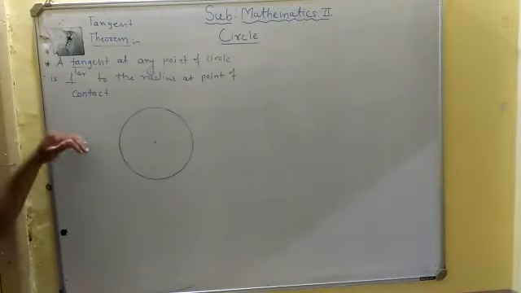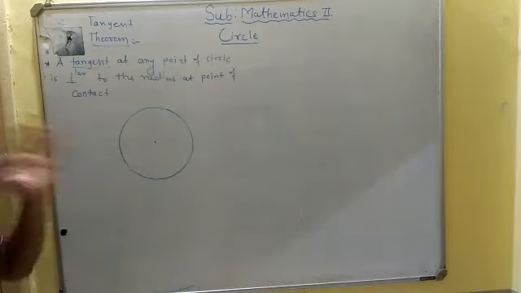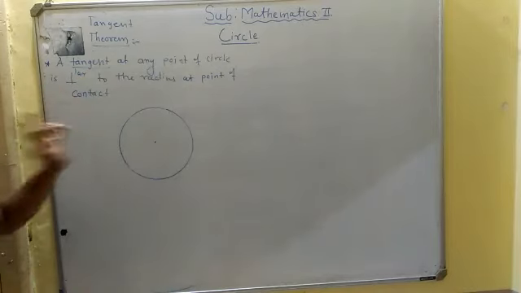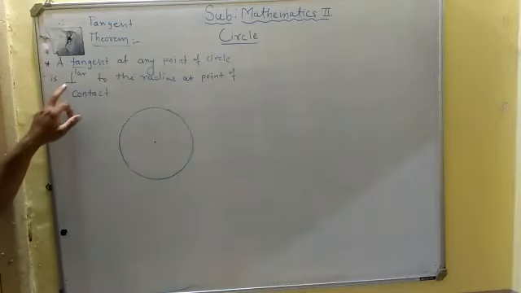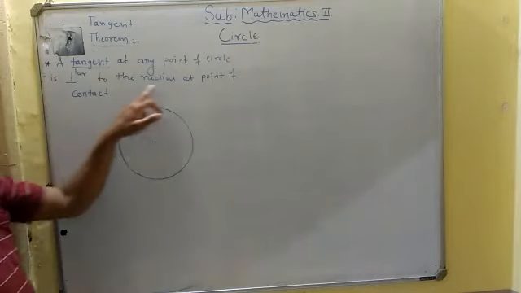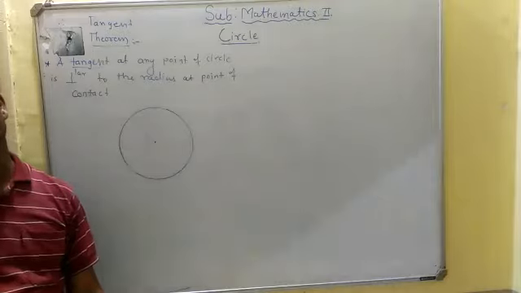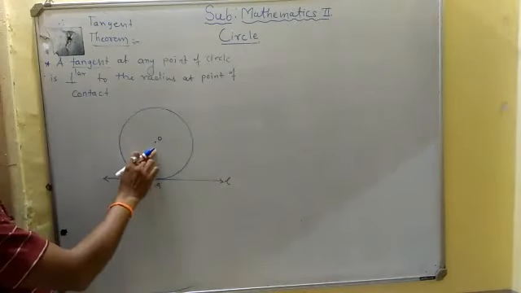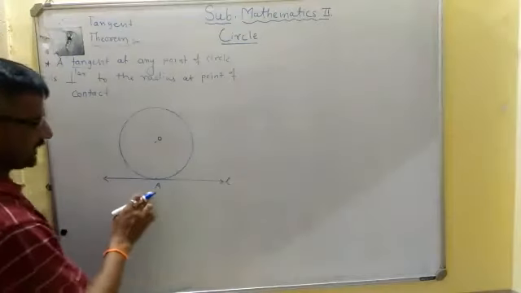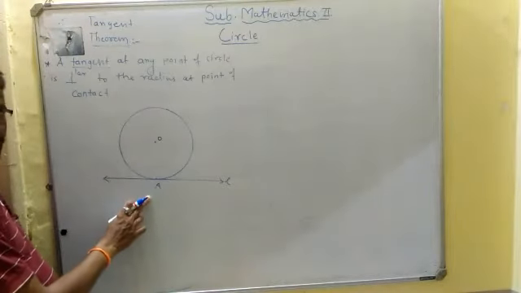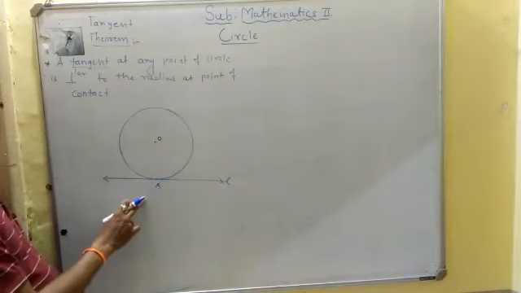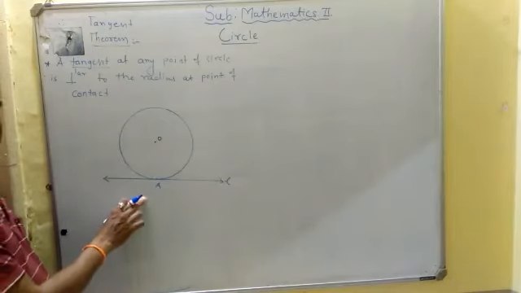That means here we are given a tangent to the circle at any point of the circle, and what is to prove? To prove is that it is perpendicular to the radius at the point of contact. By the given condition, we construct a circle with center O. L is a tangent at point A. That means the circle and the line have point A as a common point.